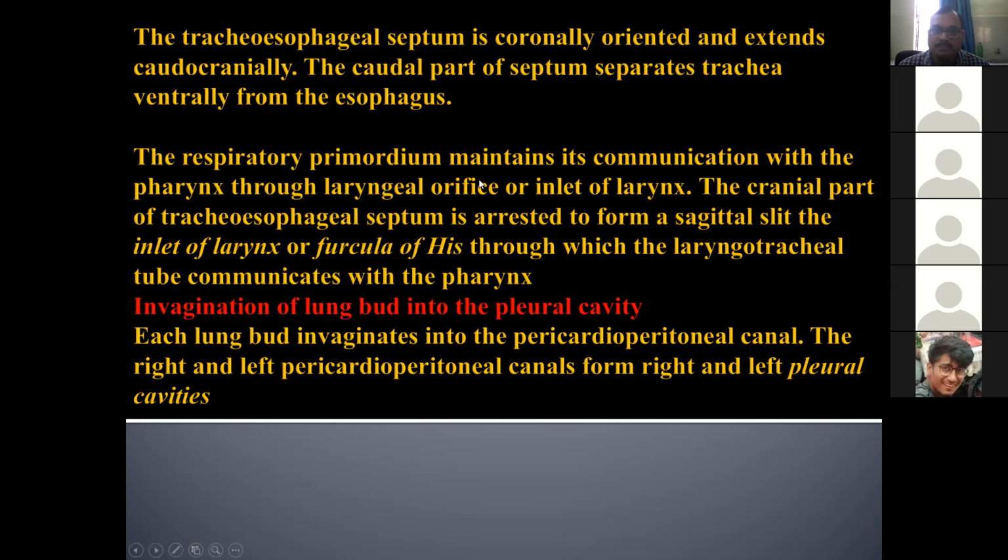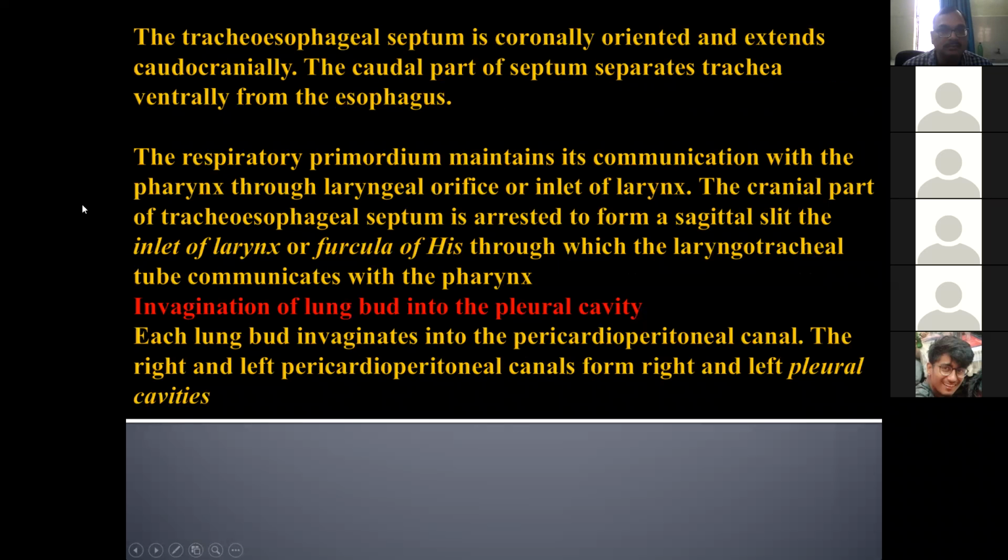The respiratory primordium maintains its communication with the pharynx through the laryngeal orifice or inlet of larynx. The cranial part of the tracheoesophageal septum is arrested to form a sagittal slit known as the inlet of larynx or furcula of His, through which the laryngotracheal tube communicates with the pharynx.